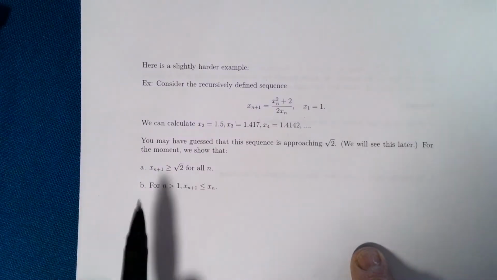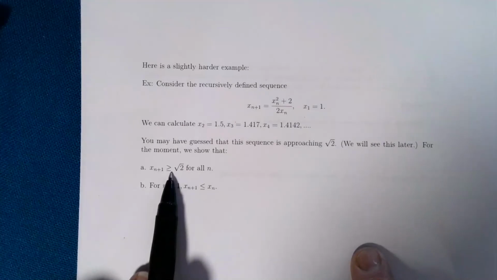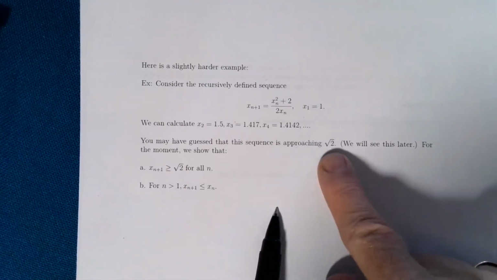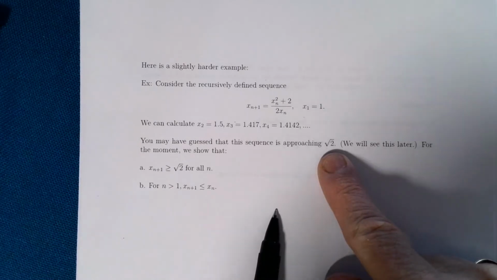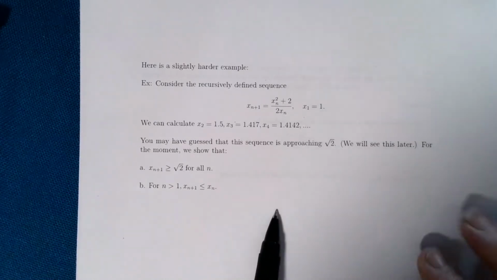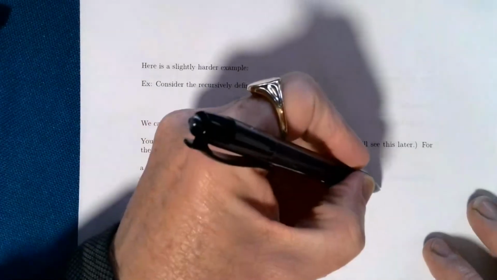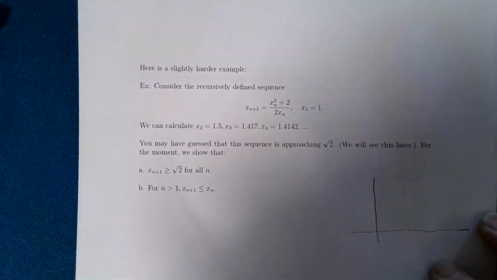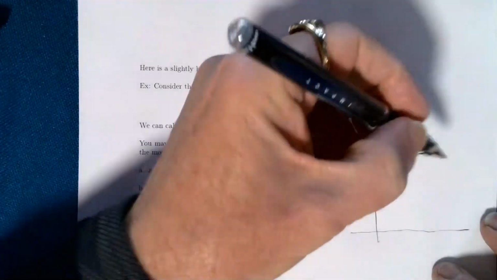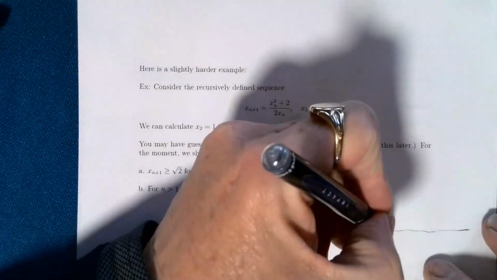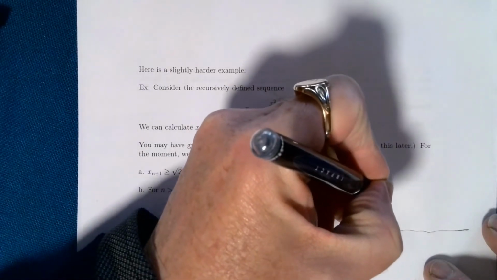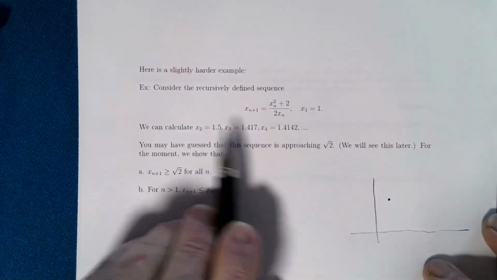So in other words, this is starting out bigger than root 2, and the terms are getting smaller and smaller, and they're going to get closer and closer to root 2. You can think about this graphically if you just think of drawing a little picture here. Putting n equals 1 in, we get 1. So there's the first one here.